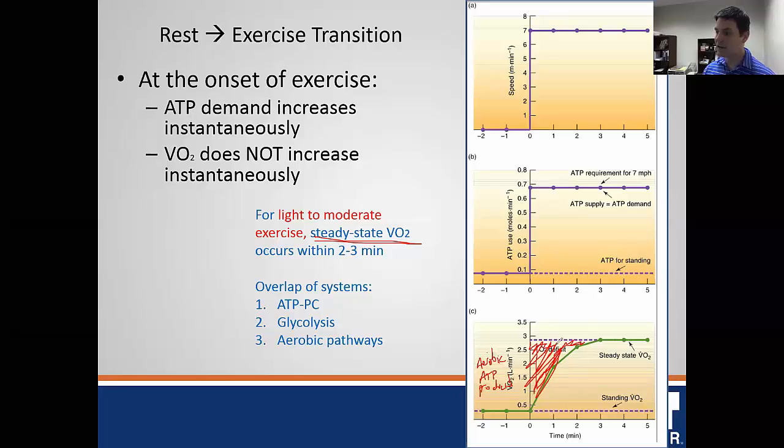We're not making enough aerobically, so of course this is coming from anaerobic metabolism. That fills in that gap early on so that we can maintain the requirement for whatever exercise we are doing.